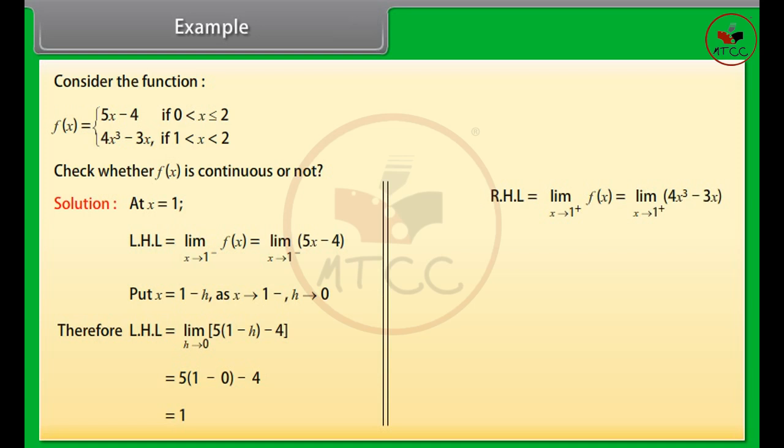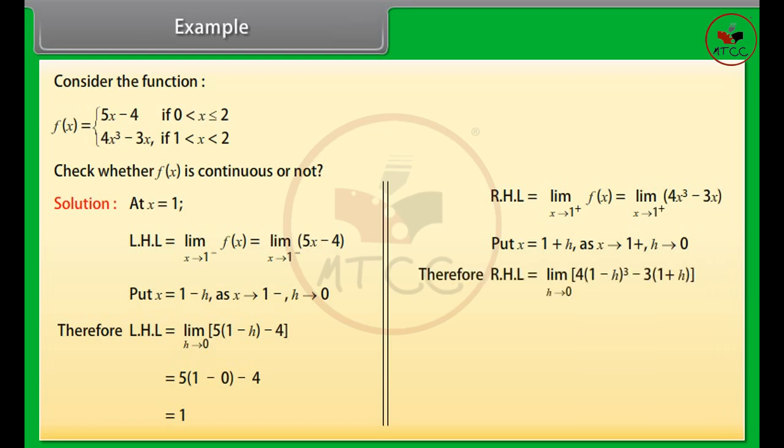Right-hand limit is equal to limit x approaches 1 plus of f(x), which is equal to limit x approaches 1 plus of 4x cube minus 3x. Put x equals 1 plus h. As x approaches 1 plus, h approaches 0.